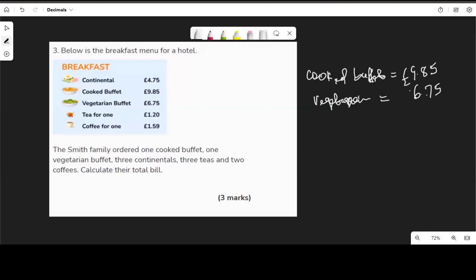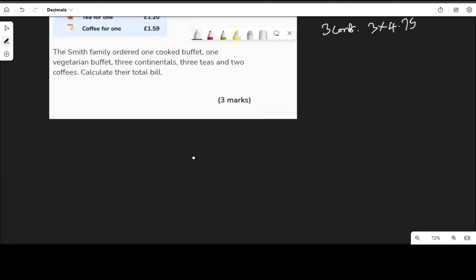3 continentals. Continental is 4.75. So 3 continentals, that is 3 times 4.75. So let's do the multiplication somewhere here before we do the addition. 4.75 multiplied by 3. 3 times 5 is 15.